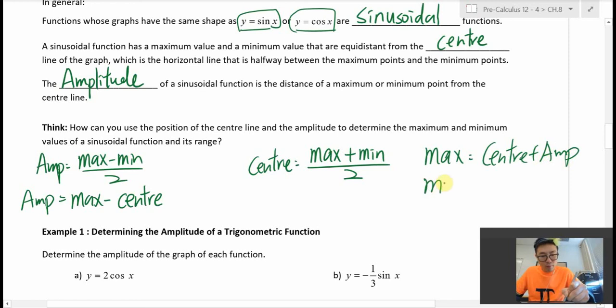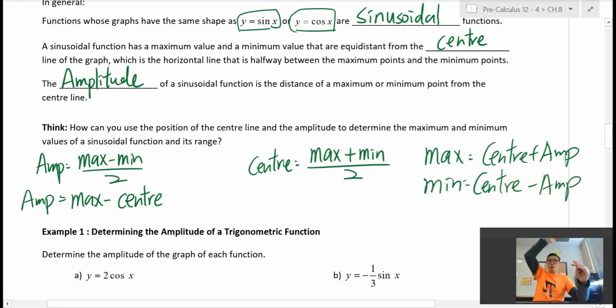And the minimum would be the center line minus the amplitude, because amplitude is simply the distance. So take the center line plus amplitude, you move up, therefore you get to the max, or you can take the center line, take away the amplitude, so you go down to the minimum. That's how you can find max and min, or amplitude and center line.